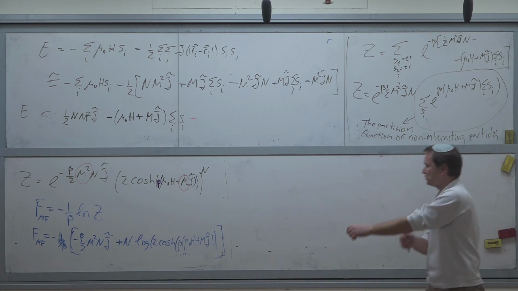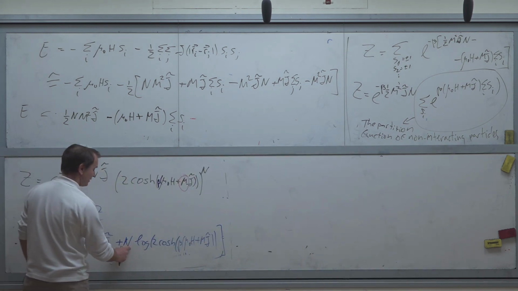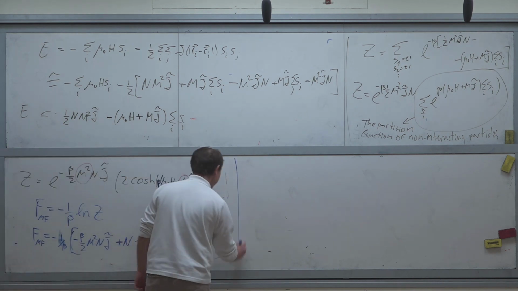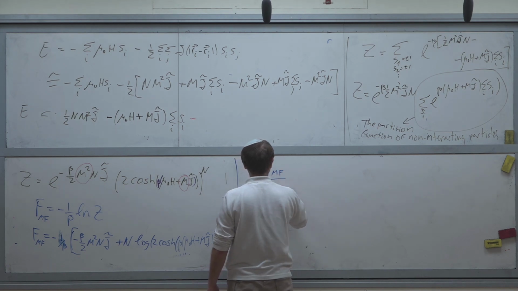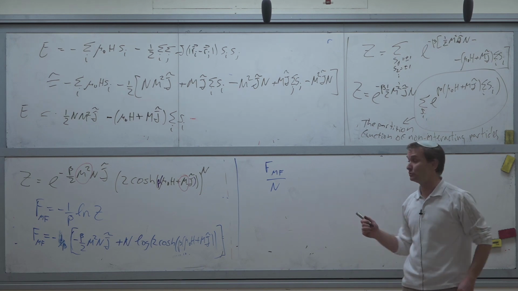So this is the free energy of the total system. Because we have N here and N over here, and free energy is an extensive quantity, so at least here we are right. Let's write down the free energy divided by N. This is the free energy per particle.